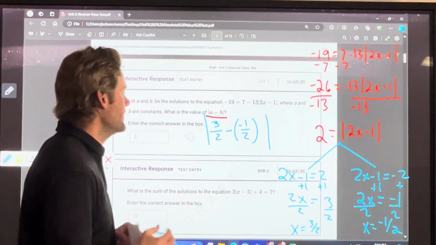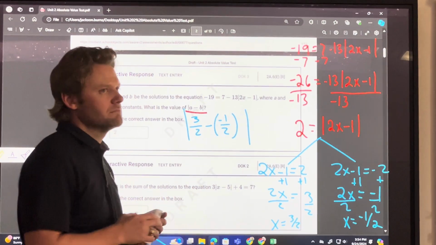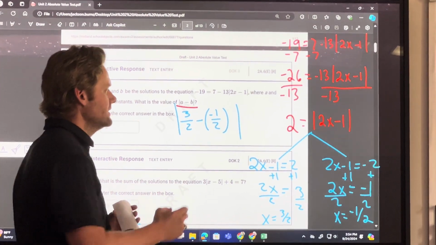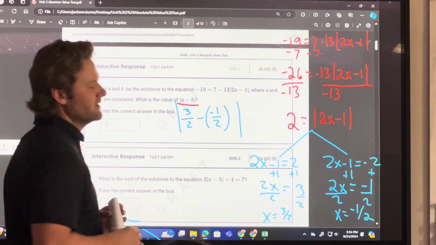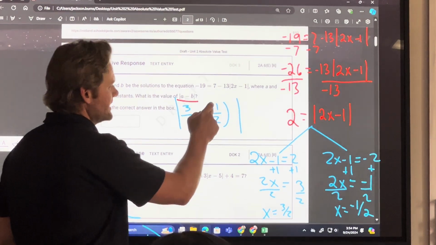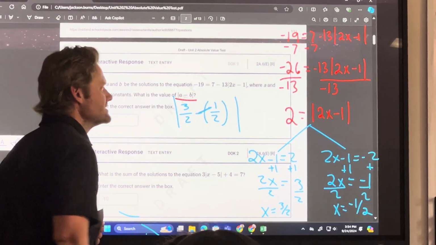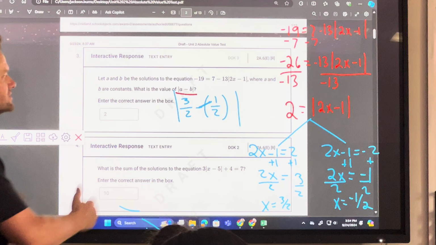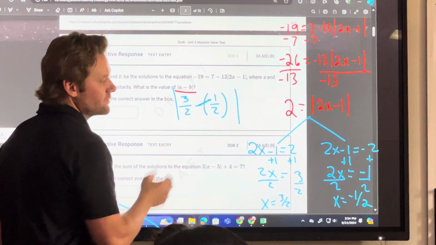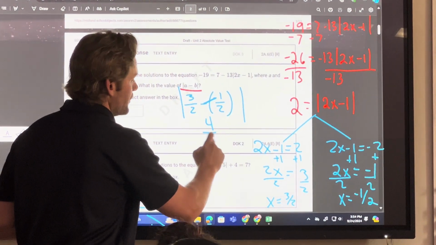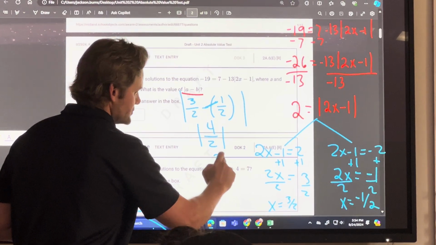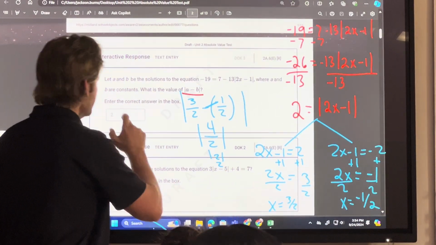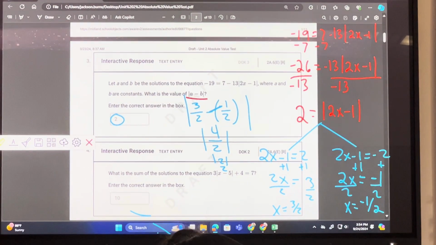You gotta keep their signs straight. 3/2 minus a negative, right? So that's why I like to plug in with those parentheses, especially if it's negative. I like to draw my little plus sign right there. So this becomes 3/2 plus 1/2, which is 4/2, which is 2. The absolute value of 2 is 2.